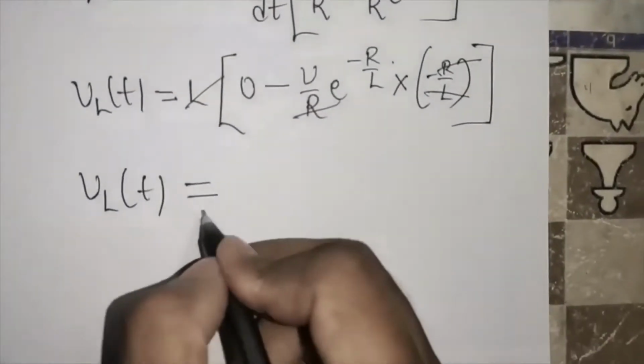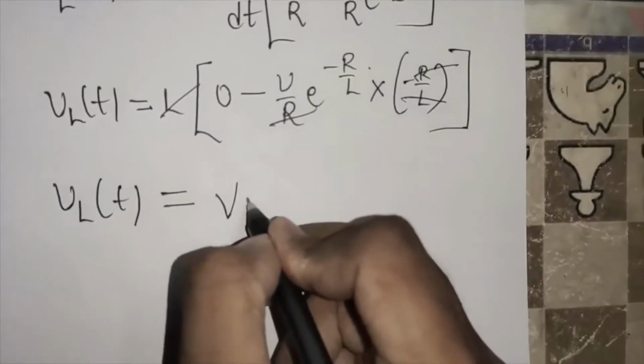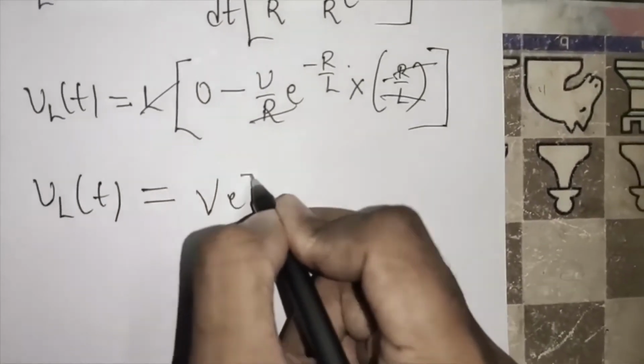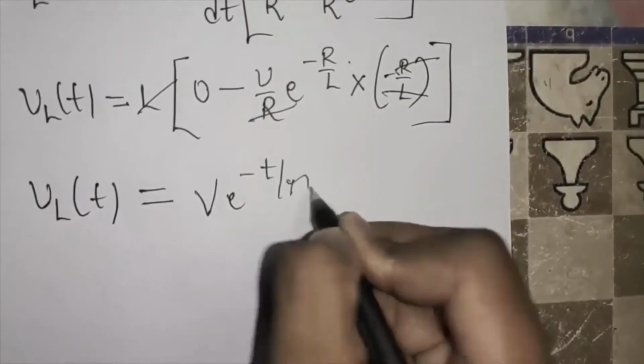So I'll be left with V into e power minus t by tau.